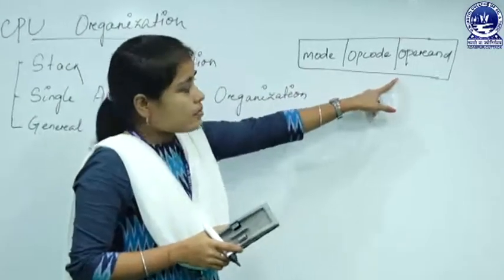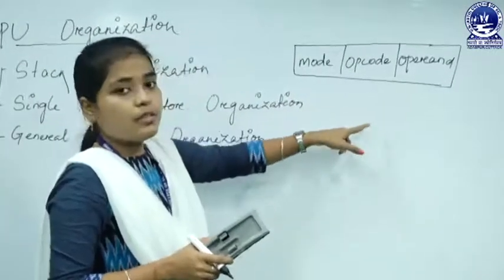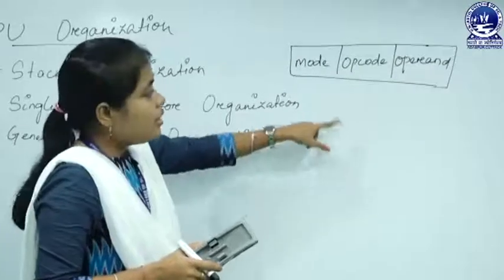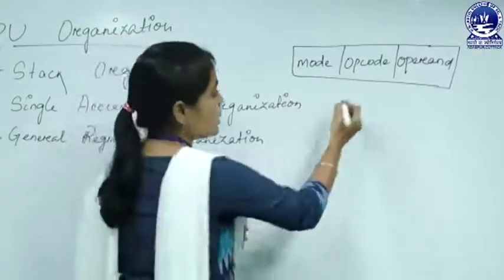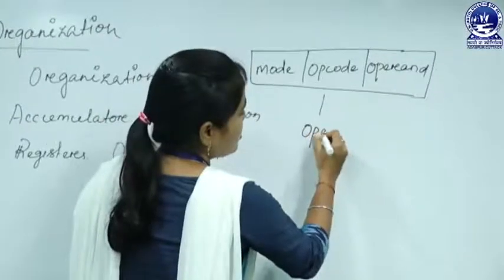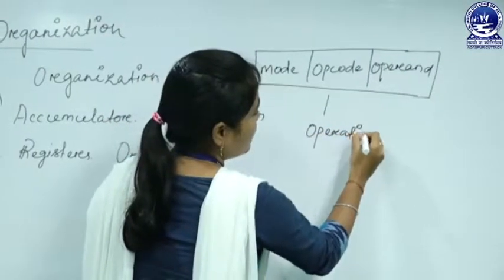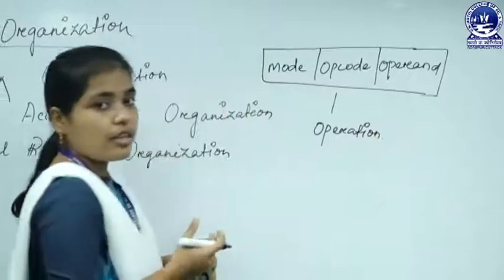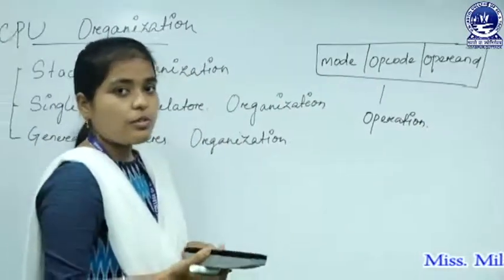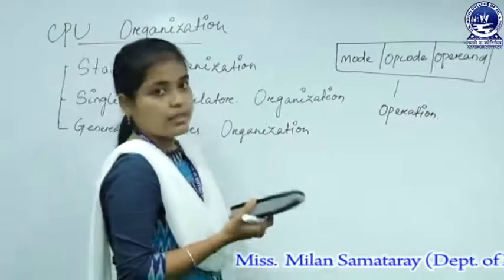Operand means the data on which we do the operation, and opcode defines the operations which are going to be performed in an instruction, whether it is an addition, subtraction, multiplication, division, XOR, anything.